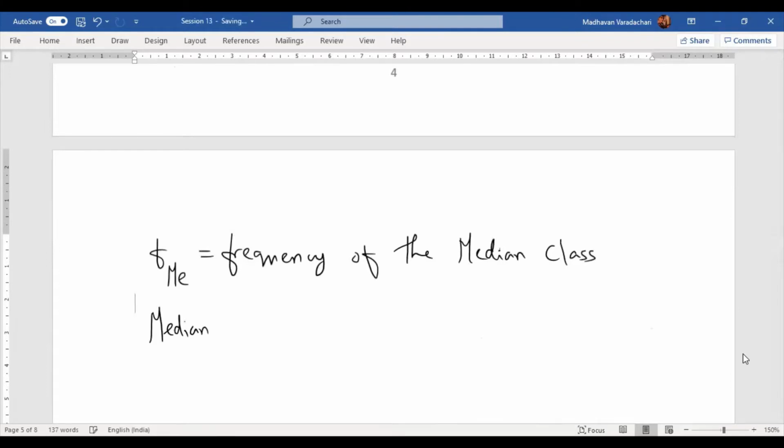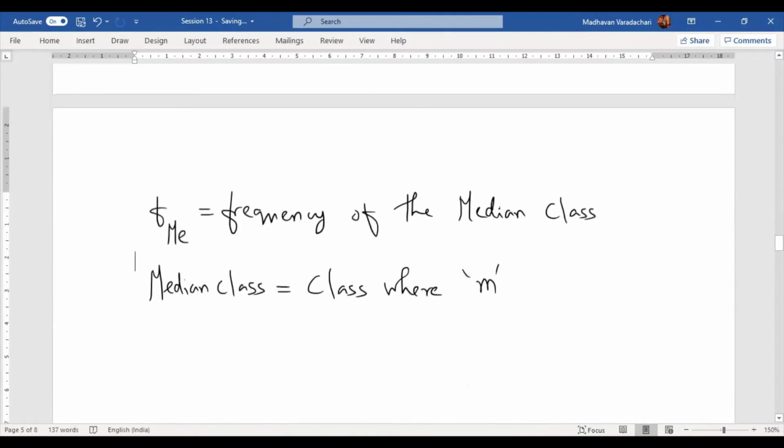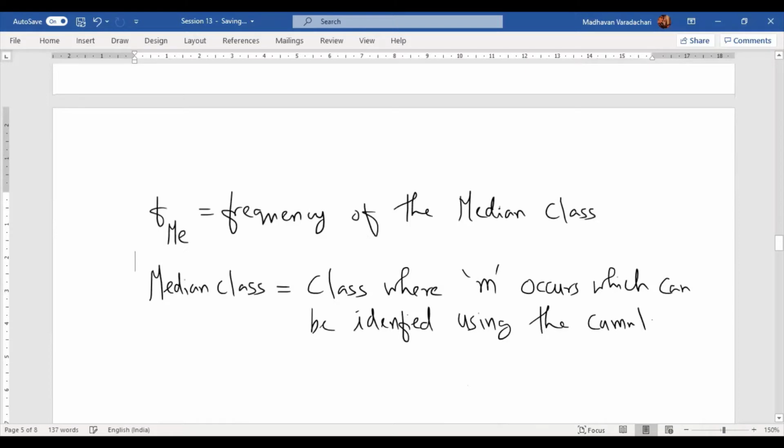Median class is the class where small m, whatever we calculate, capital N by 2, occurs, which can be identified using the cumulative frequency column.